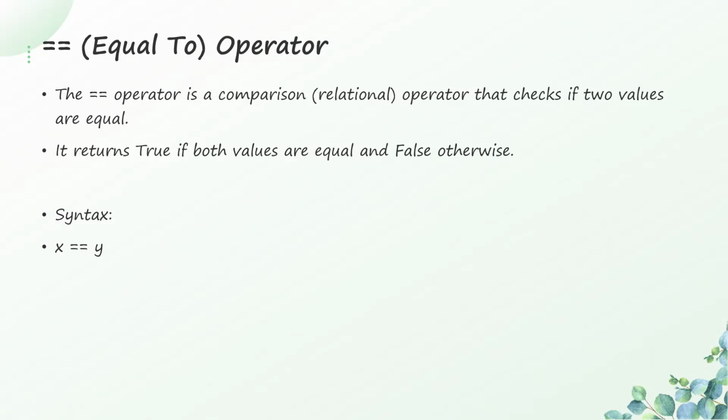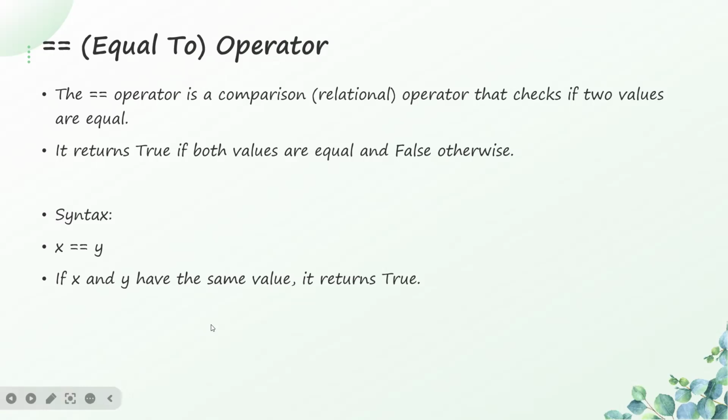So the double equal sign is what we call the equal to operator. We have a value in X, we have a value in Y, and we are comparing, is X equal to Y? If X and Y have the same value, it returns true. Otherwise, it will return false.